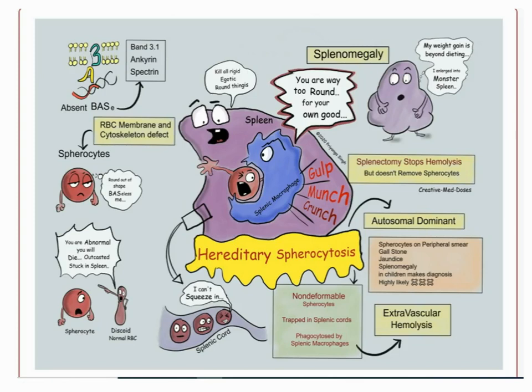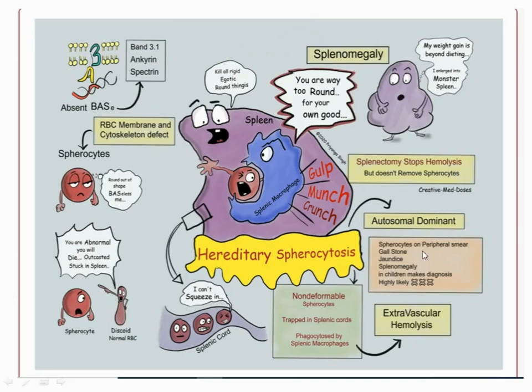So the patient is complaining of anemia, and some non-deformable spherocytes can't reach the spleen, so they are destroyed in the peripheral circulation. Extravascular hemolysis leads to gallstones, and hemolysis, one step of bilirubin metabolism, leads to jaundice and splenomegaly.